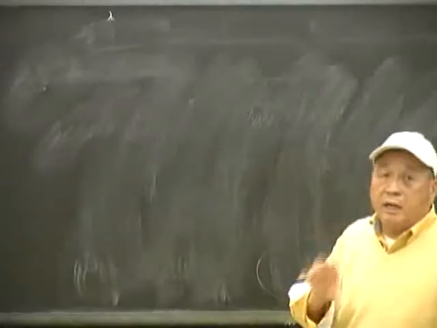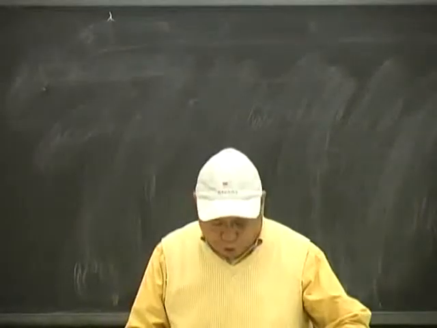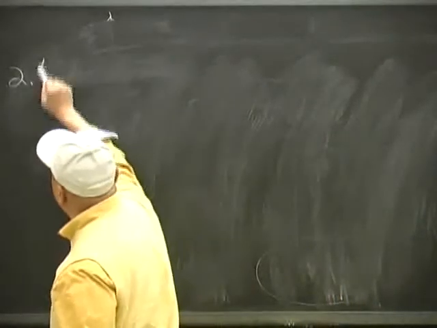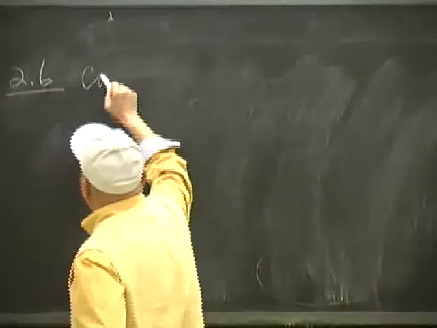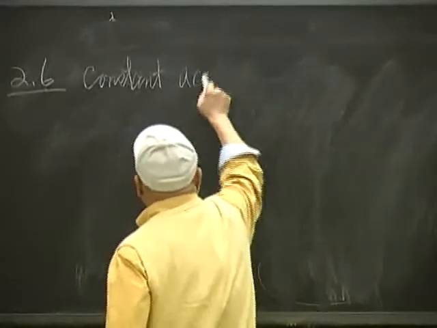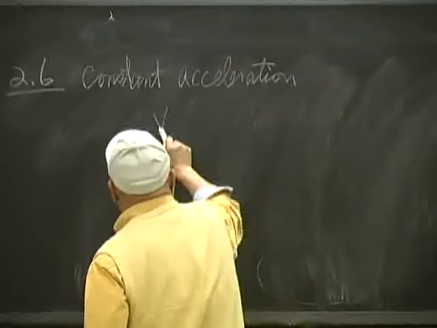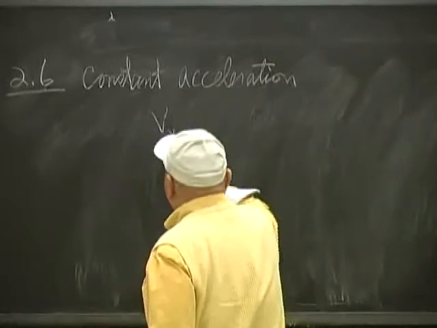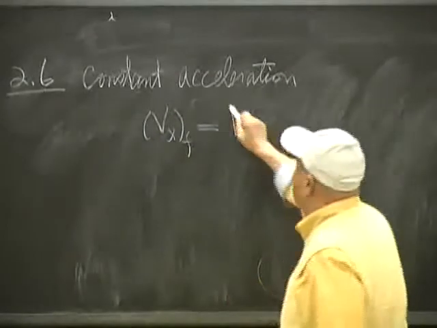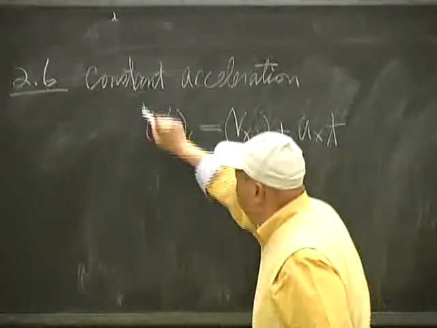We want to emphasize again constant acceleration. This one is equation 2.6 for constant acceleration. The first equation we got is v sub xf equals v sub xi plus a sub x times t. This is the first one.